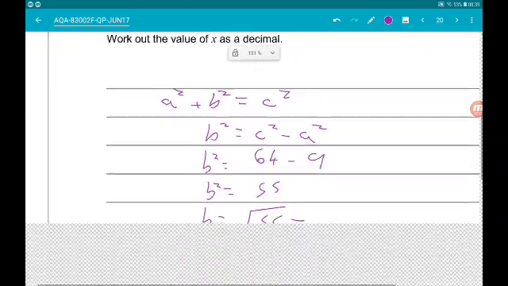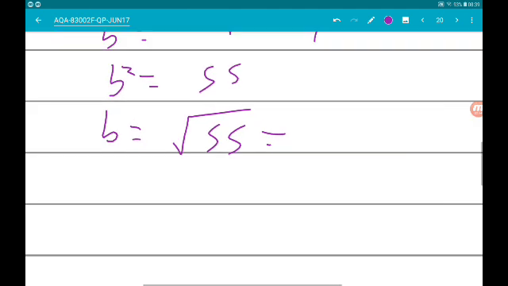No, just as a decimal. Okay, so the square root of 55 is 7.42 to 2 decimals. Cool.